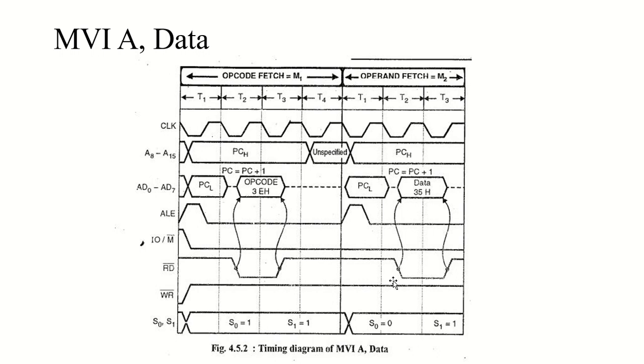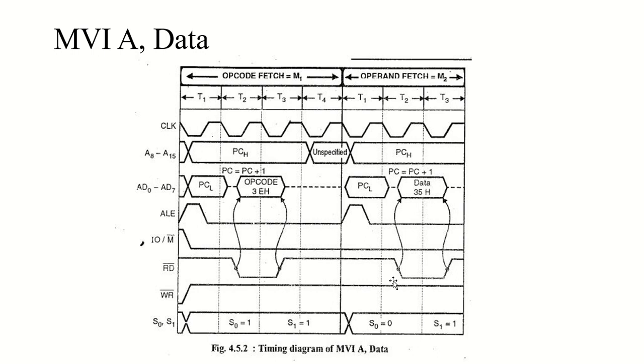Remember the status signal for operand fetch is S0 equals 0 and S1 equals 1, so make no mistake in this case. ALE will be activated on the first T state of every machine cycle. So this is the easy way to remember when the ALE will be activated: during the first T state of the machine cycle, and the first T state of the next or upcoming machine cycle.